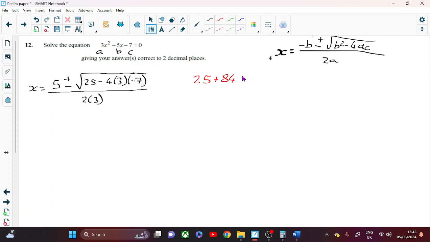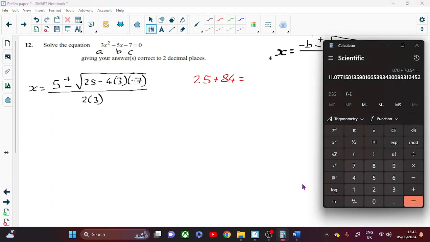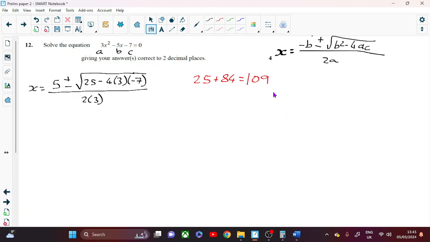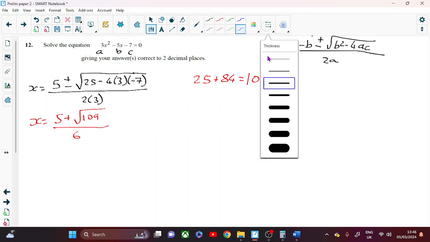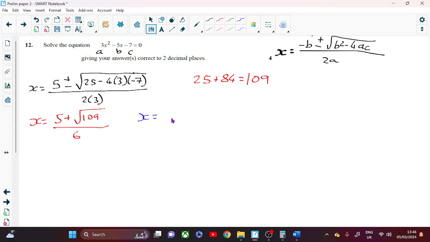You've got a calculator, feel free to use it. 84 plus 25 is 109. That's not a square number, so we're not going to get a nice answer. We have x equals 5 plus the square root of 109, all divided by 6. And we also have x equals 5 minus the square root of 109, all divided by 6.